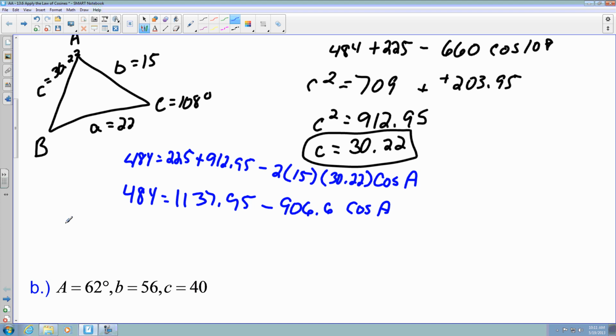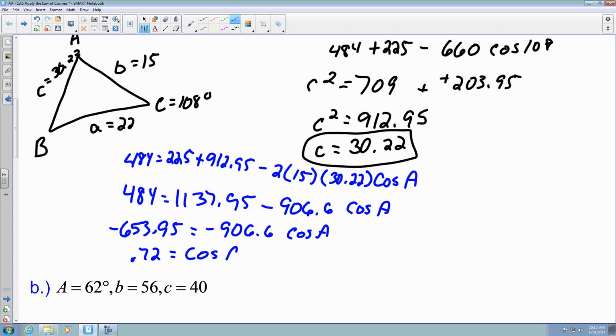First we subtract 1137.95 from both sides, so 484 minus 1137.95 gives me negative 653.95 equals negative 906.6 cosine of A. So I divide both sides by negative 906.6, which gives me a positive 0.72 equals the cosine of A.